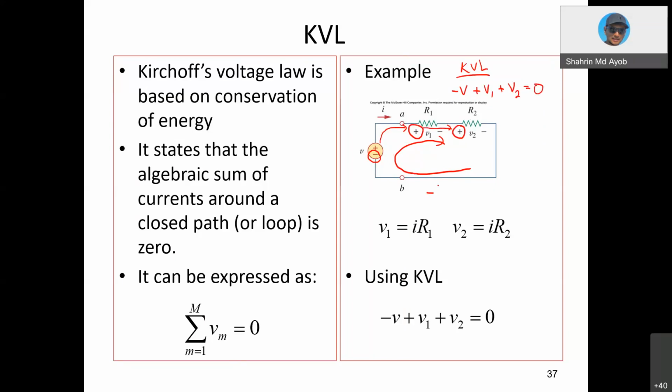So my KVL is negative V plus V1 plus V2 equal to 0. You should note that the voltage drop across the resistor is I multiplied by the value of the resistor, and V2 is I R2. Since R1 and R2 are in series, the current is actually the same.